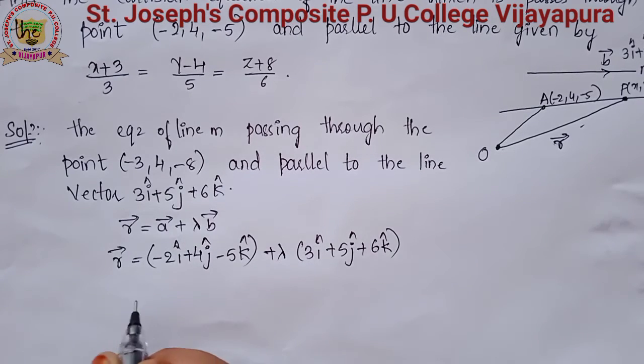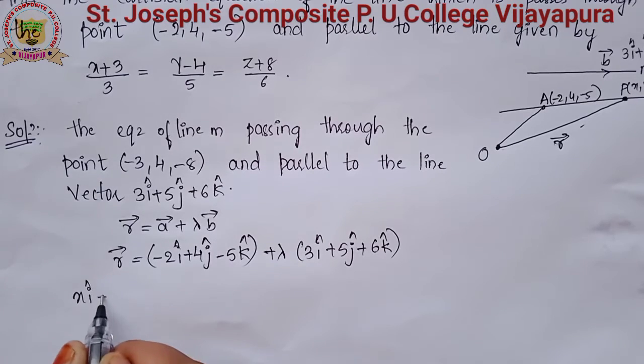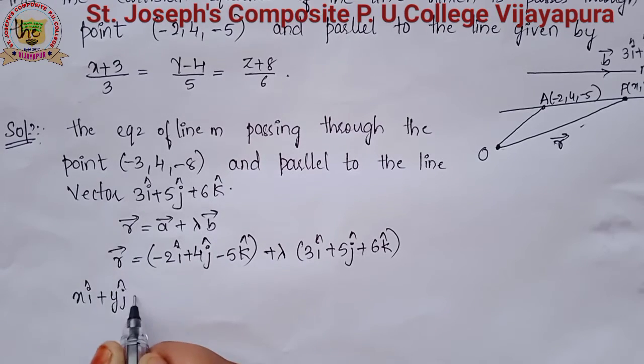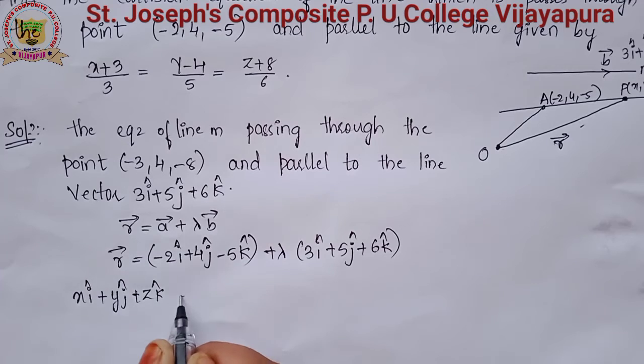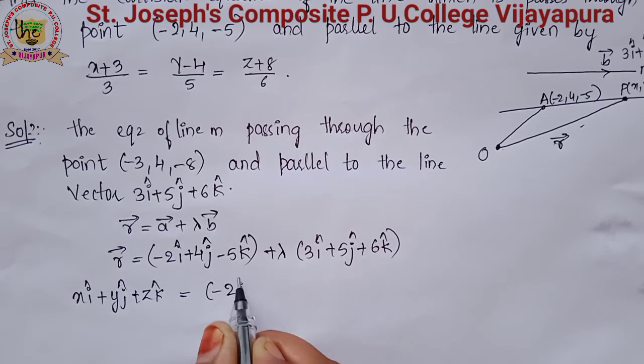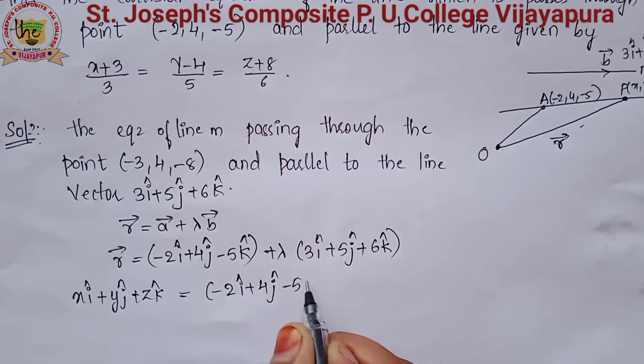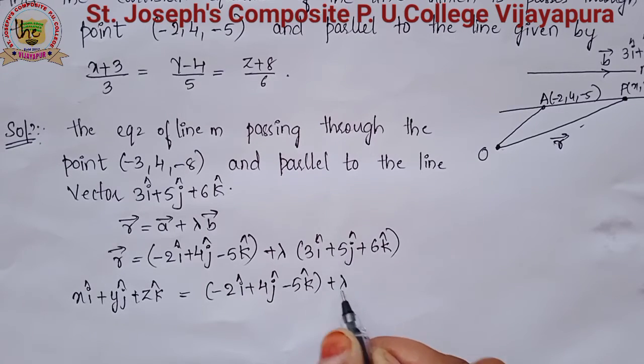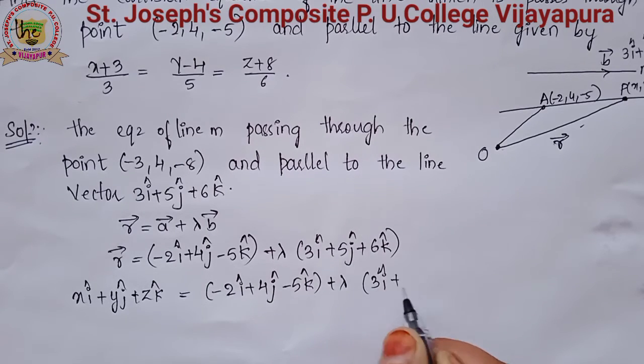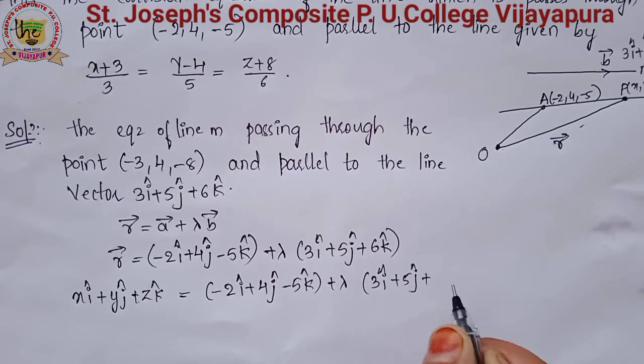Then it becomes xi plus yj plus zk vector is equal to minus 2i plus 4j minus 5k plus lambda (3i plus 5j plus 6k).